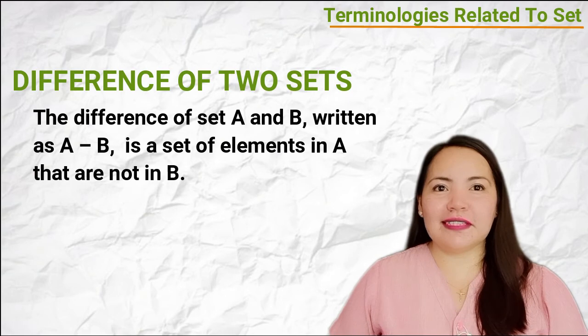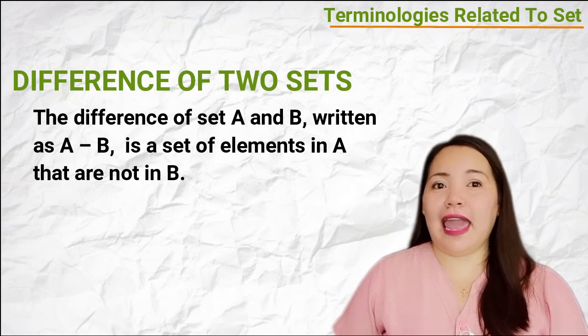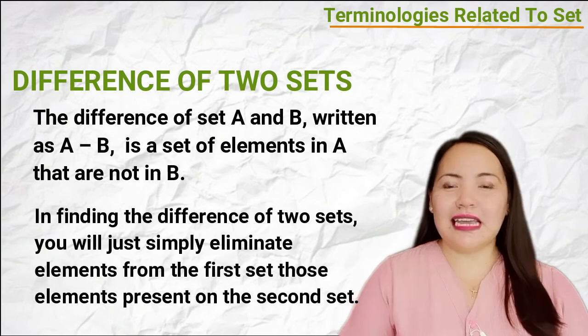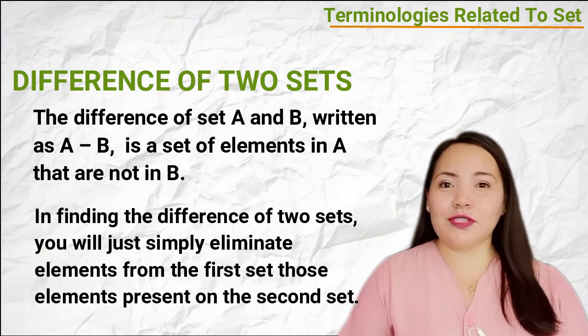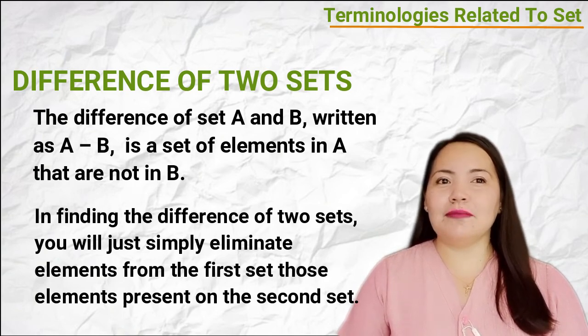The difference of sets A and B, written as A minus B, is a set of elements in A that are not in B. In finding the difference of two sets, you will just simply eliminate from the first set those elements present in the second set.